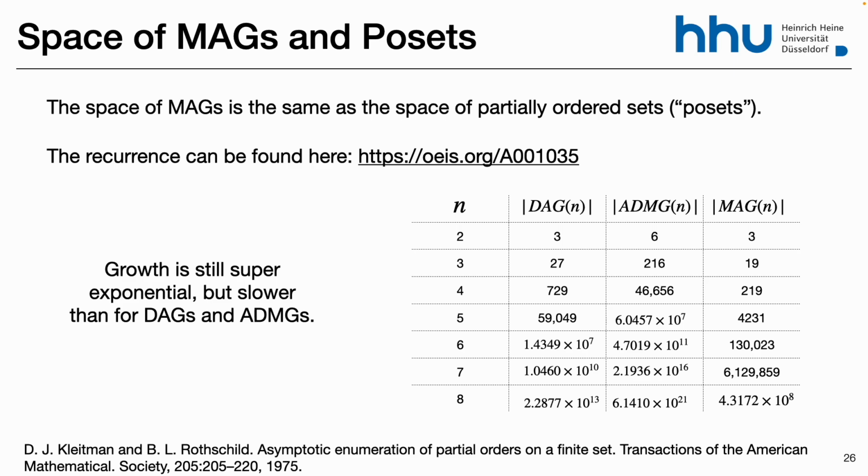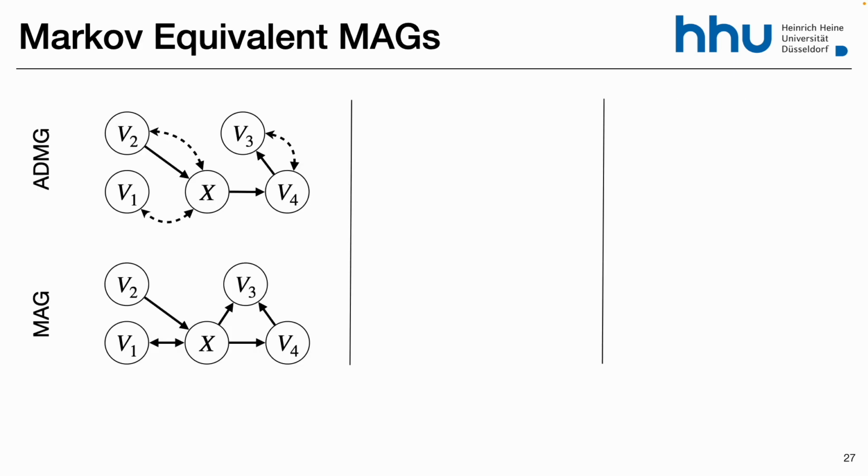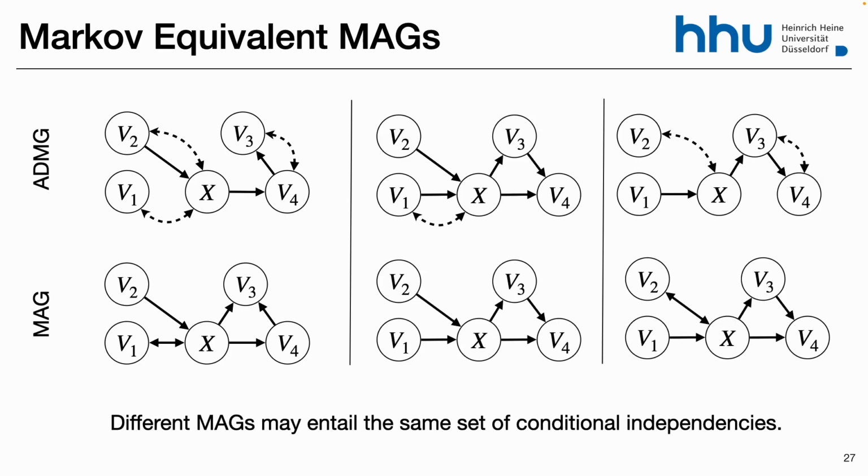The space is bigger than the space of DAGs, but in comparison to the ADMGs it is much smaller. So this is still very hard to compute with 8 variables, but here it's starting to be feasible already, right? If we wanted to count, of course we are not going to count here, don't worry. I just wanted to show one picture.